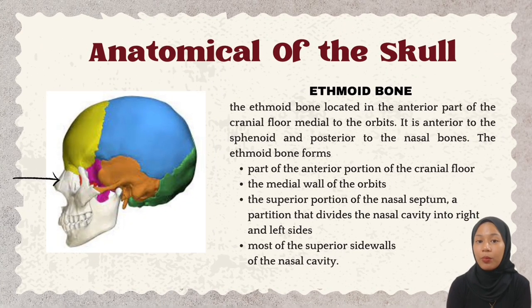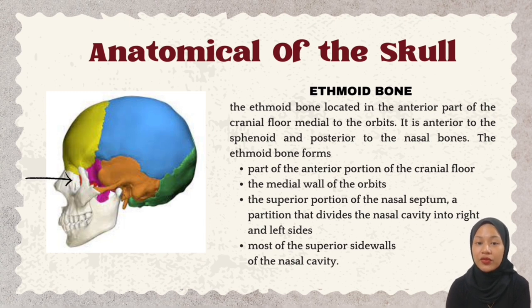Lastly is the ethmoid bone. The ethmoid bone is a delicate bone located in the anterior part of the cranial floor, medial to the orbits. It is anterior to the sphenoid and posterior to the nasal bone.